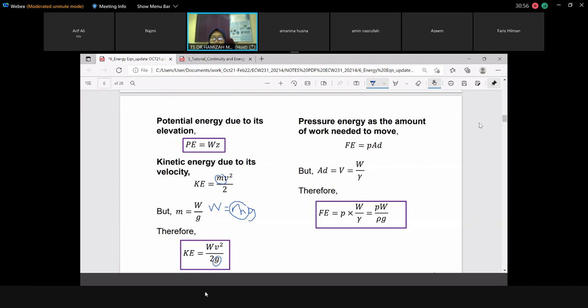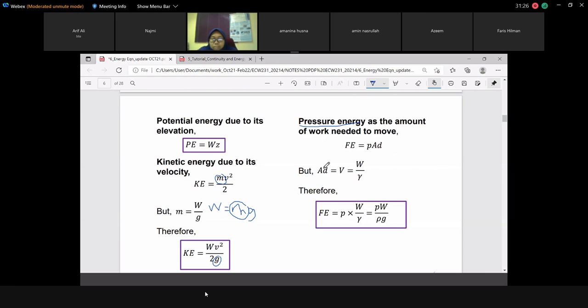Okay, so next we have pressure energy. It is represented by FE sebab sama kan PE. So we change the abjad kat sini as FE for pressure energy. So pressure energy is the amount of work needed to move from one point to another point. So we have density times area times D, change.